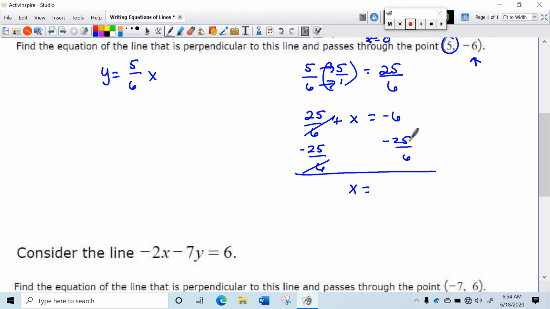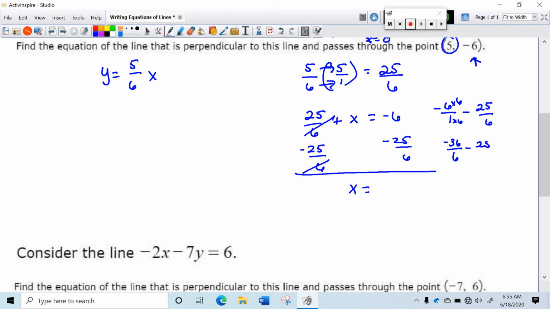So b equals, okay, this is like negative 6/1 minus 25/6. So what I want to do is have common denominators of 6. To do that, I have to multiply the bottom and the top by 6. Negative 6 times 6 is negative 36.